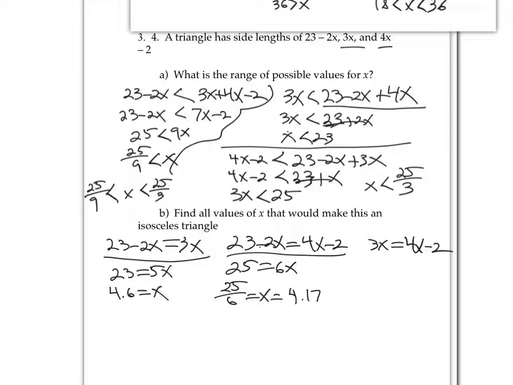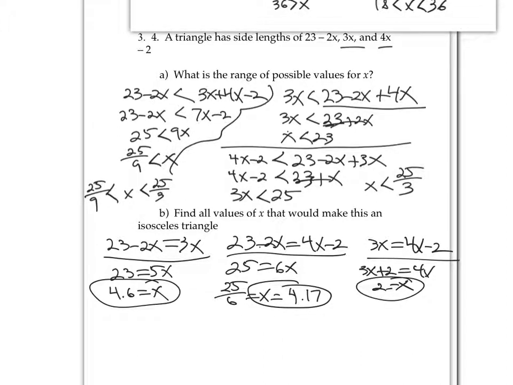Over here, for the third one, we're going to get 3x is equal to 4x minus 2. So we can say that 3x plus 2 is equal to 4x, or 2 is equal to x. Okay, so we have three possibilities. We have x is equal to 2, x is equal to 4.17, x is equal to 4.6.